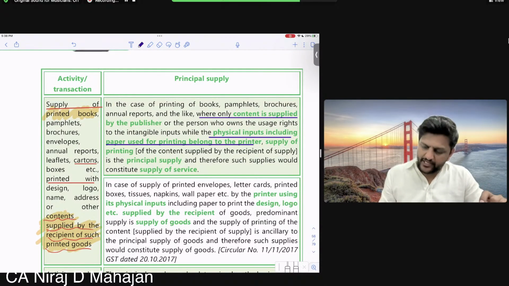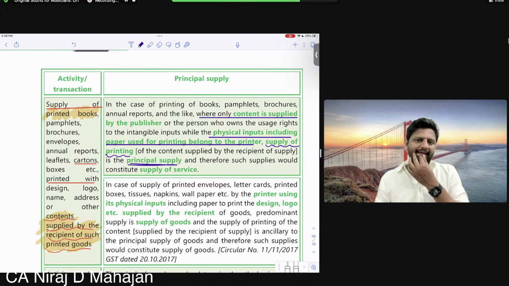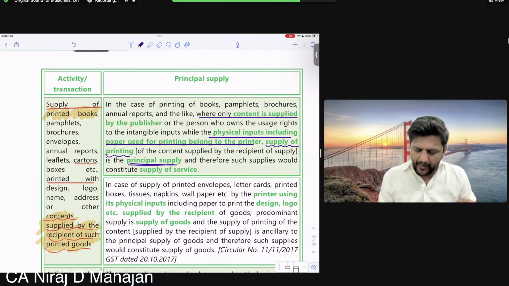Then it is to be taken as supply of printing of the content supplied by the recipient. The supply of printing is the principal supply, and therefore such supplies will be part of supply of service. What did you understand? Only content.